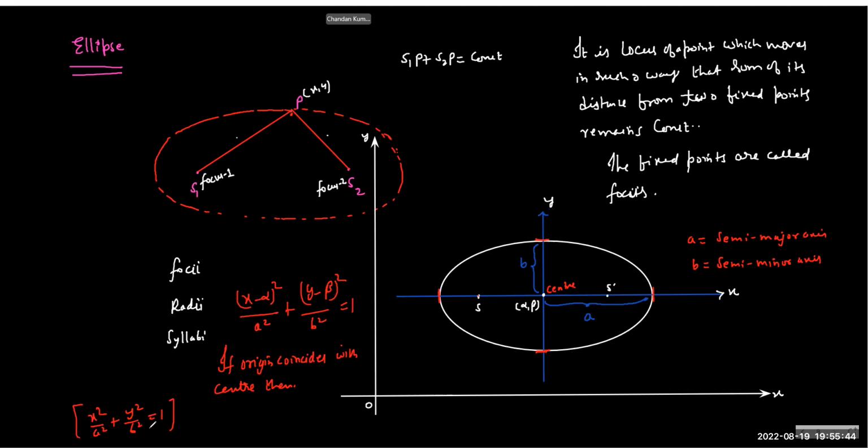This way of writing is called the equation of an ellipse in which the axes of the ellipse are parallel to the axes of the plane.